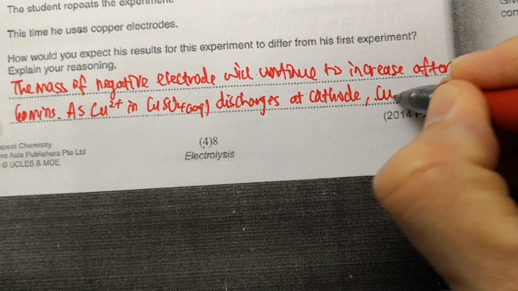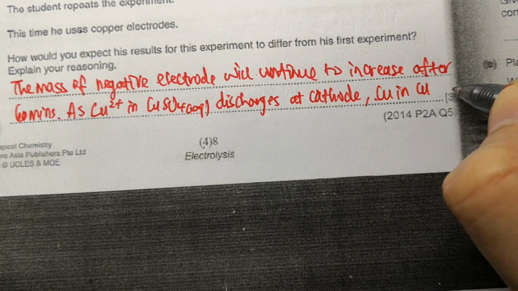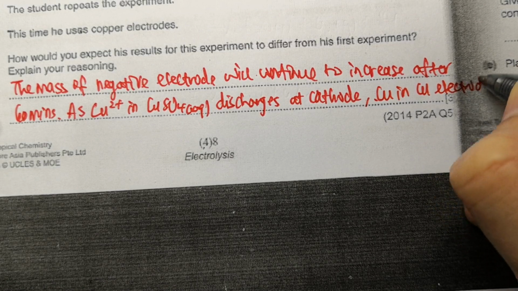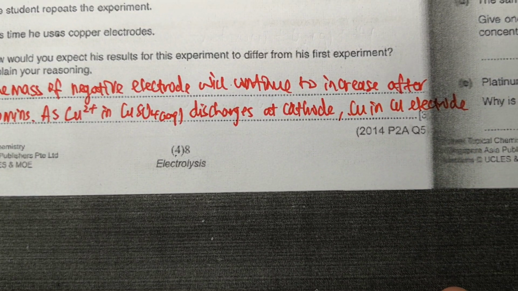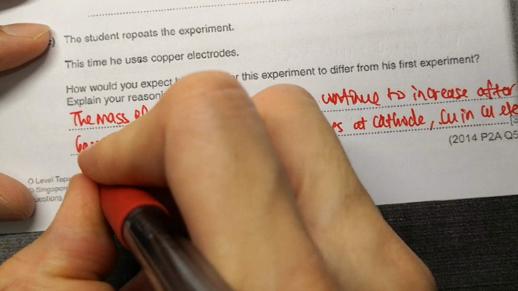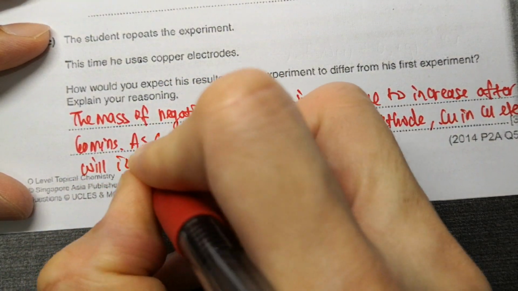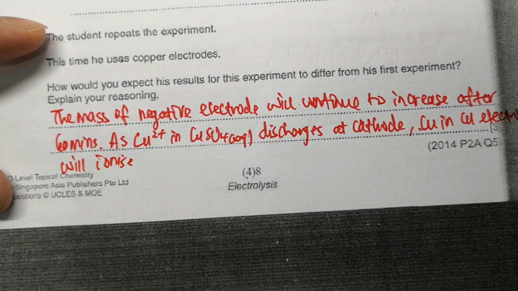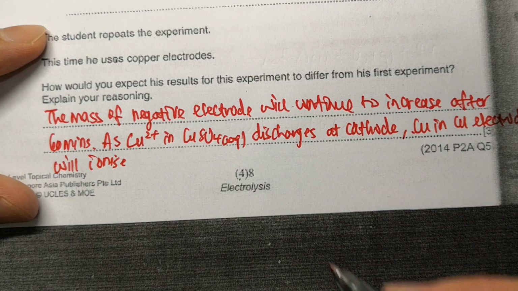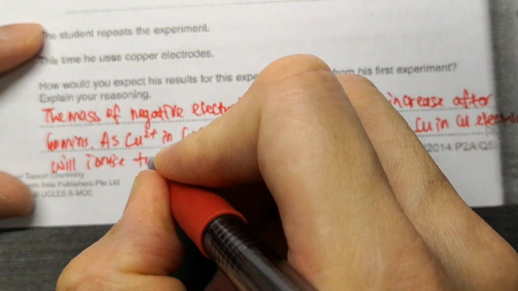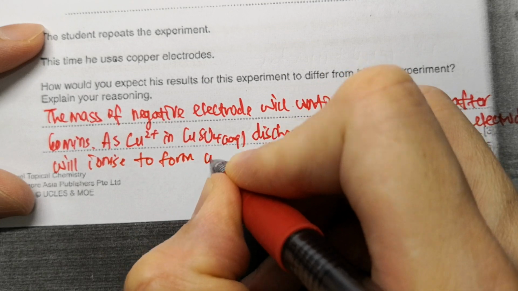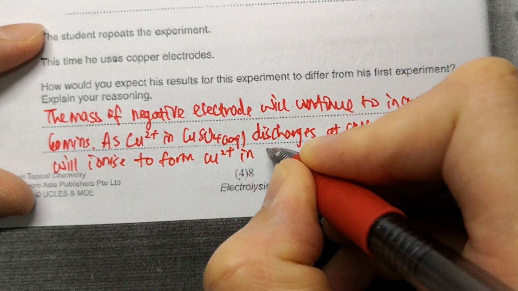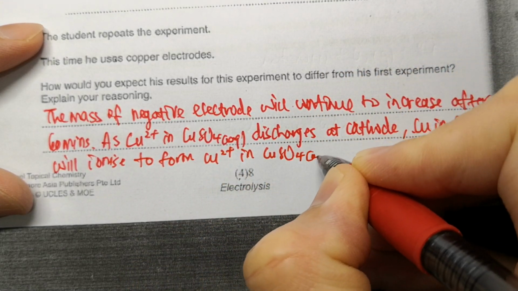The Cu in the copper electrode will ionize to form Cu2+ in CuSO4 (aq).